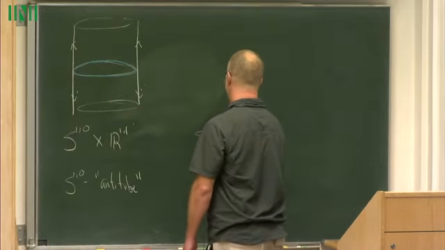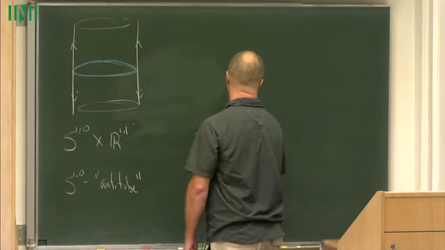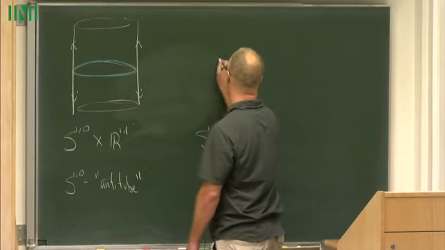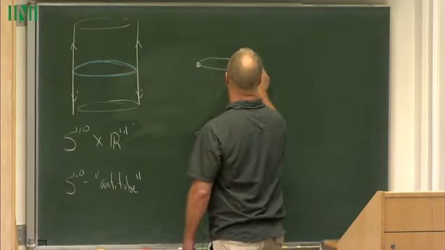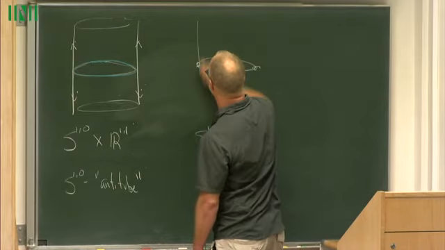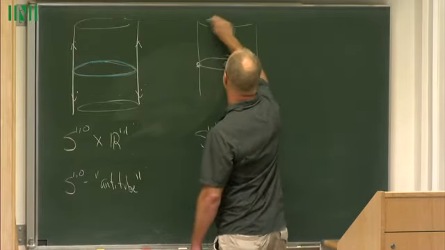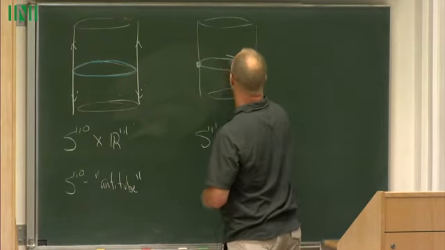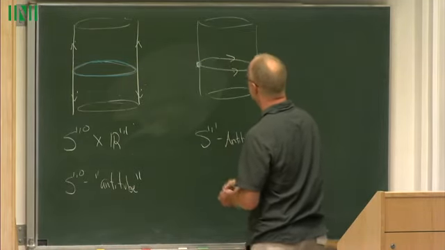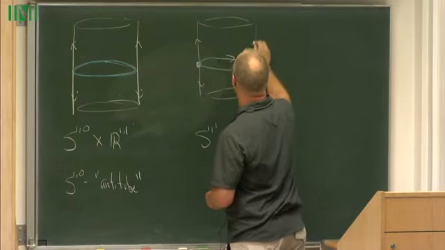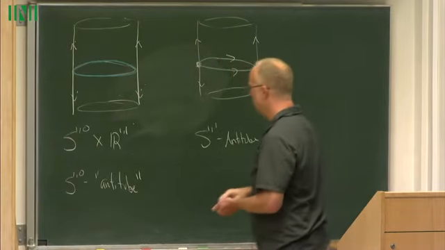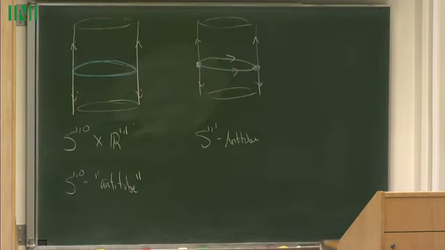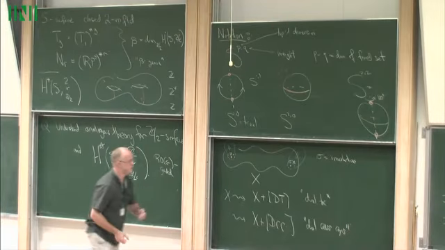You can do an S11 antitube. It's the same idea. Fixed set is here and here. So those are the only two kinds of tubes I'm going to have to use today.